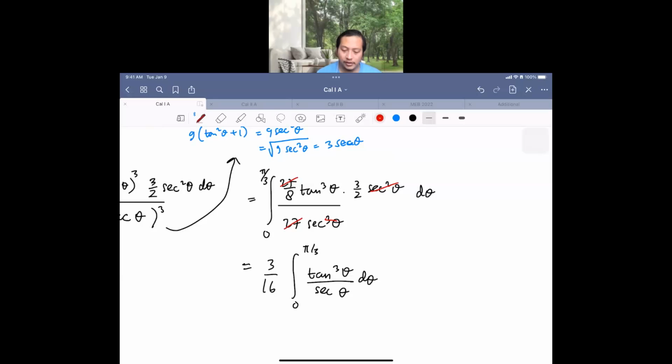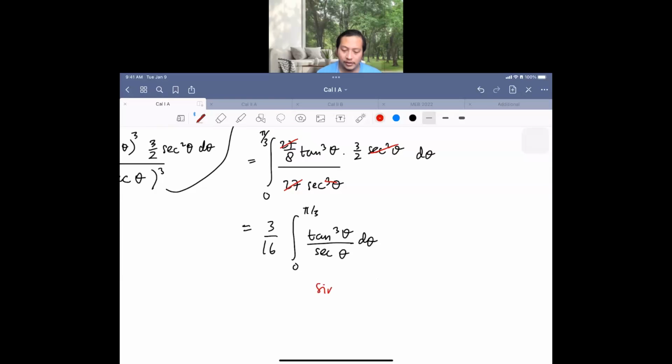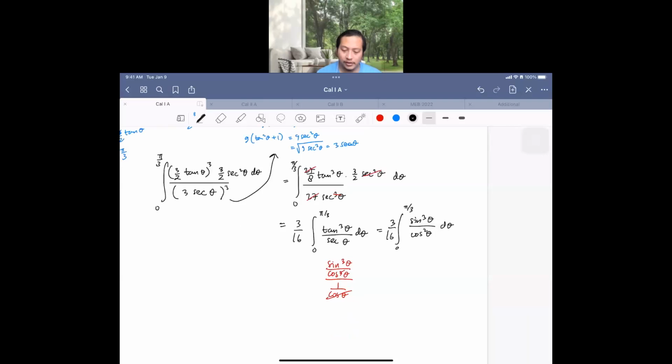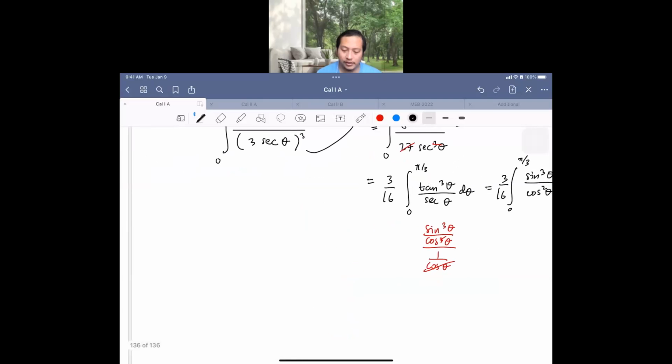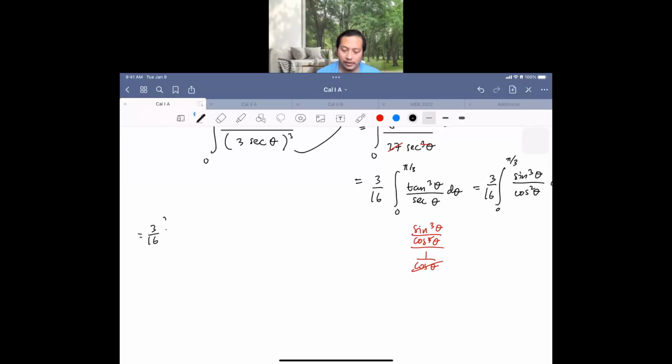Okay, now we can also see the connection here. We can take this and divide by this, right? So dividing this becomes cos squared. So we have sine cube divided by the cosine squared theta d theta. And then it's still not yet finished. We'll write here 3 over 16.